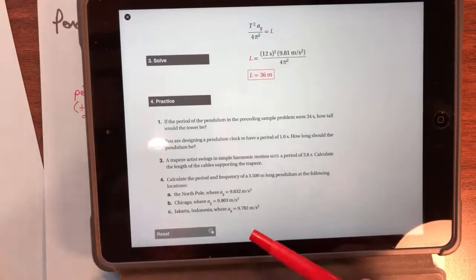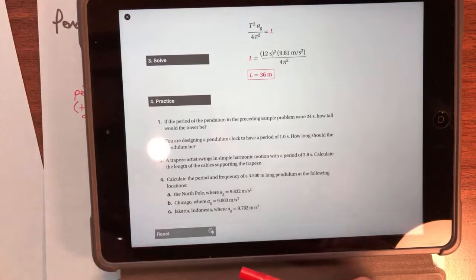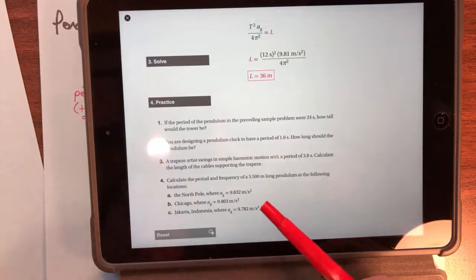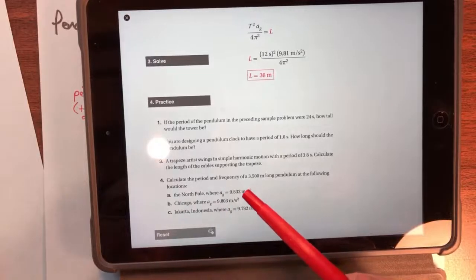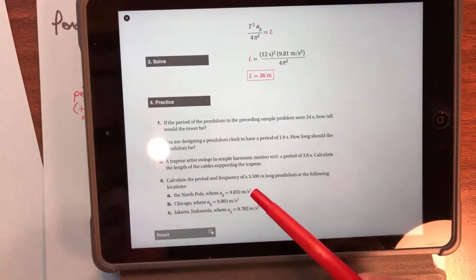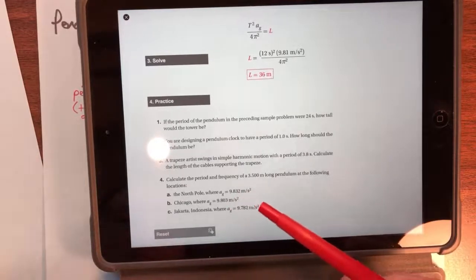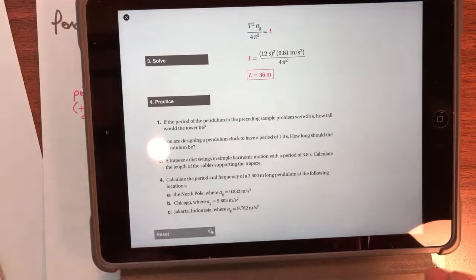Notice that they're really all about 9.8, so when we use 9.81, it's kind of a joke because very few places are exactly 9.81. 9.8 really is the acceleration due to gravity on Earth, and it varies a little bit based on where you are. It's going to be greater at the poles because the poles are closer to the center of the Earth, and as you go towards the equator, it's a little bit less because you're a little bit higher up.